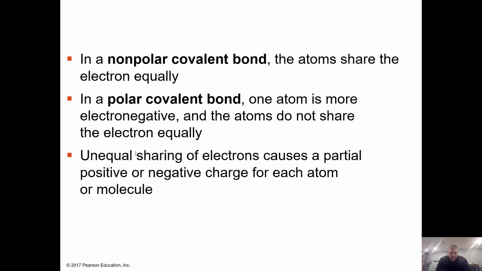We have different types of covalent bonds other than the single, double, triple, because sometimes electrons don't share equally. Sometimes they share a little bit unequally, I guess.